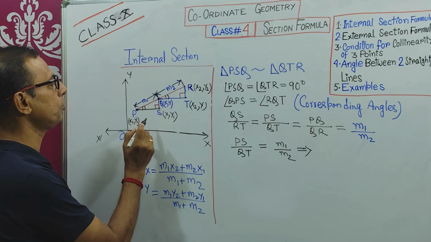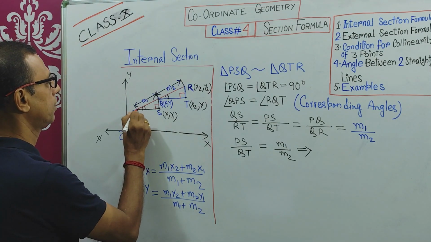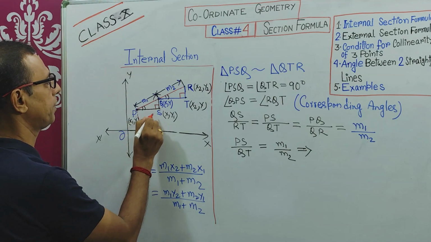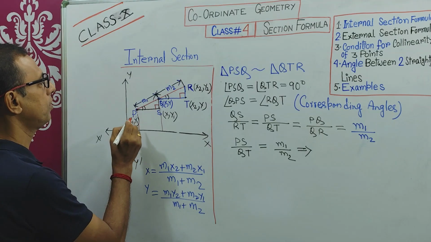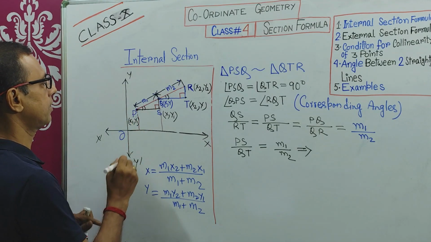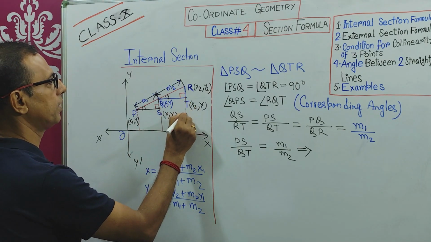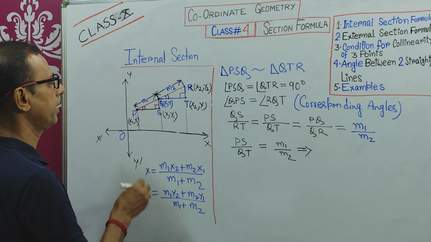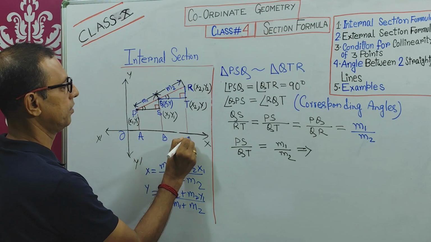If you draw a perpendicular from P, and I am also drawing a perpendicular from here, right? Let's give the point names A, B, C.